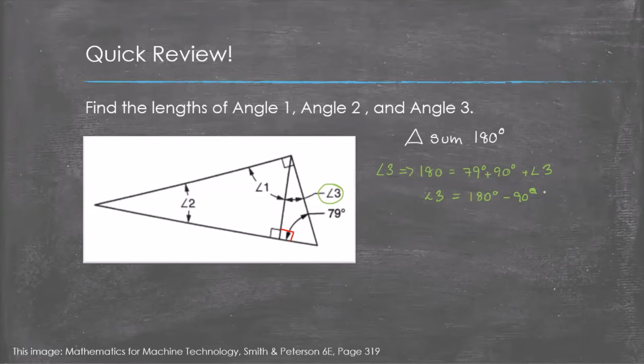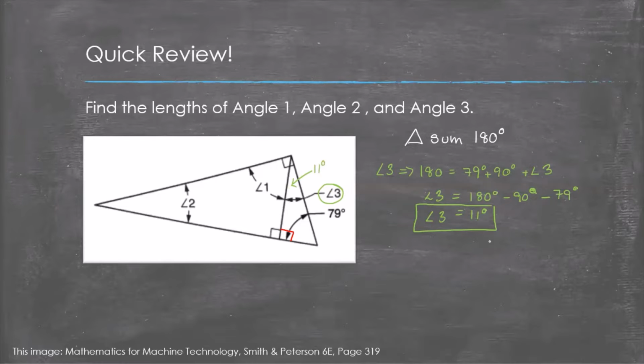So you could just do 90 minus 79. That would be fine. That's just skipping a step ahead. And you will find you get an angle that is 11 degrees. Okay, so that's angle 3. I like to go back in and pop it back in here. And I'll say, well, this angle here is 11 degrees.